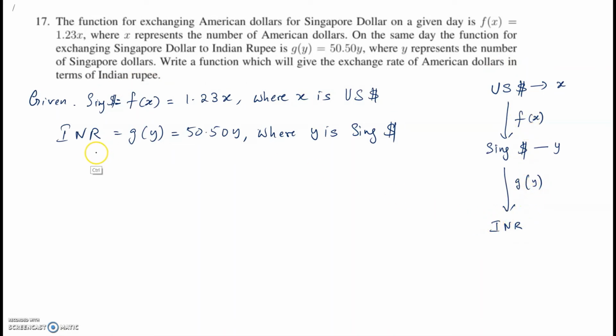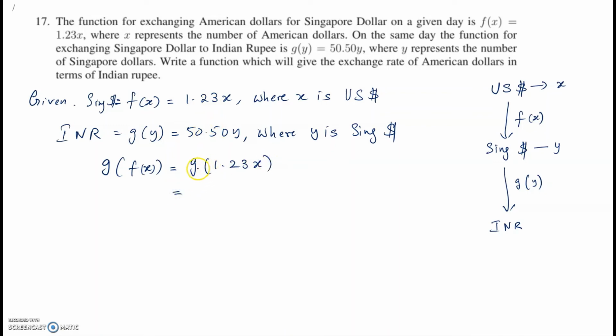So what we need to do is g of f of x. This will give you the conversion from US dollar to Indian rupees. Okay, so let's expand this. So g of f of x is equal to g of, your f of x is given by 1.23x.